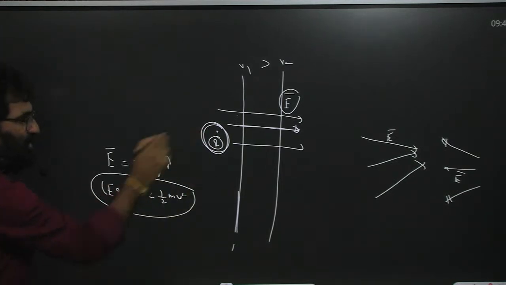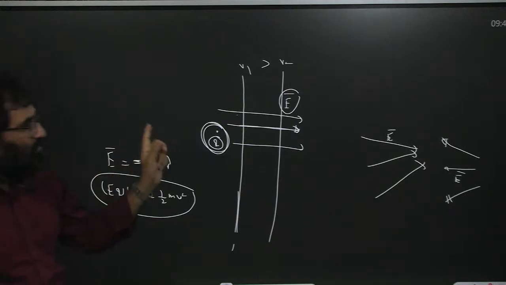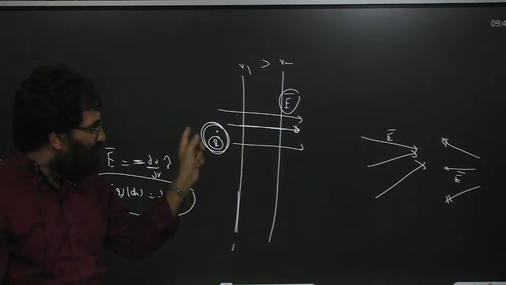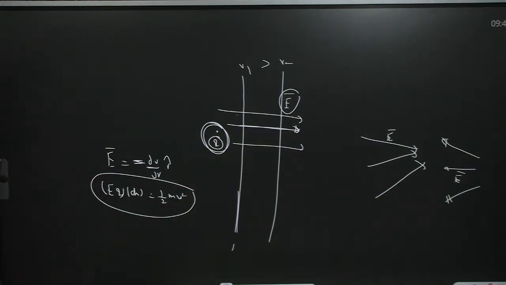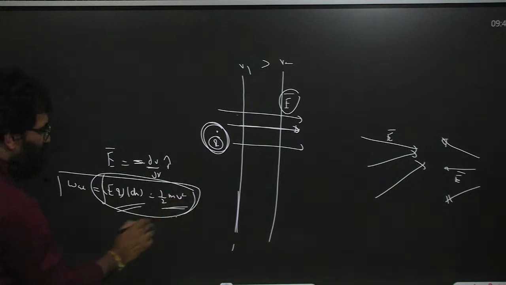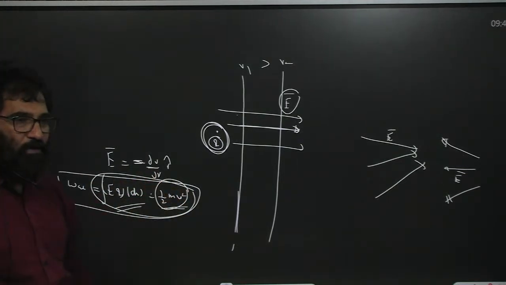So whenever we release any charged particle, that charged particle experiences force due to the electric field, and moves. Whenever it is moving, work is done. This is work done by electrostatic forces. It is a change in kinetic energy. So work done by electrostatic forces always changes only the magnitude of velocity. It cannot change the direction.